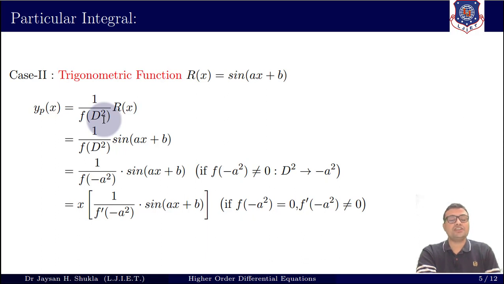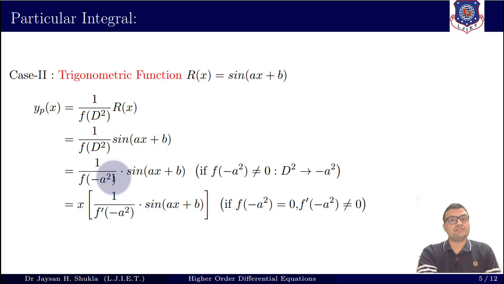You cannot change the values of D, you can only change the value of D square, or you can say the even powers of D. So if I have 1 upon f of D square, sin of ax plus b, then I can replace this D square by minus a square, with the condition that this f of minus a square is not equal to 0.